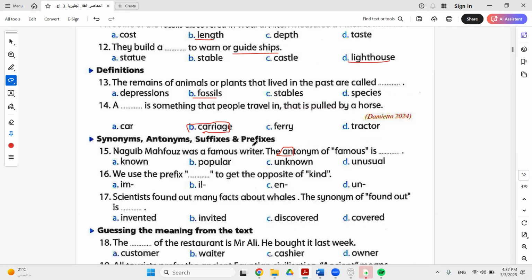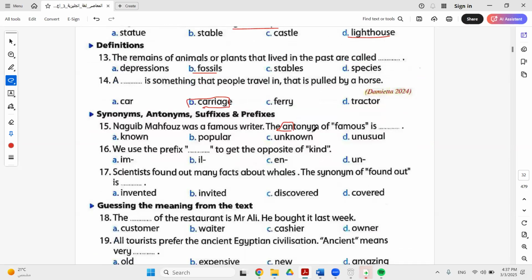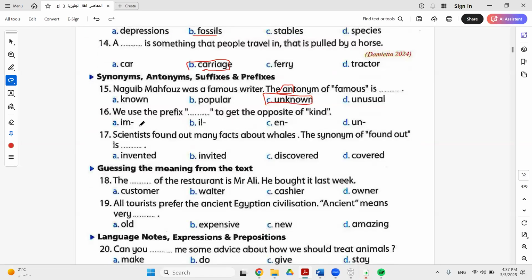Naguib Mahfouz was a famous writer. The antonym of famous is unknown. Unknown, yeah. For example, I am unknown, that nobody knows him. Number 16. We use the prefix to get the opposite of kind.